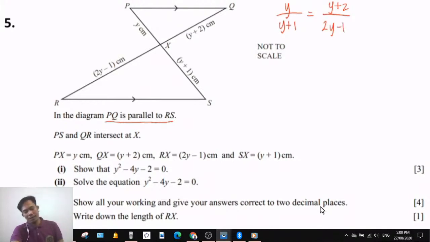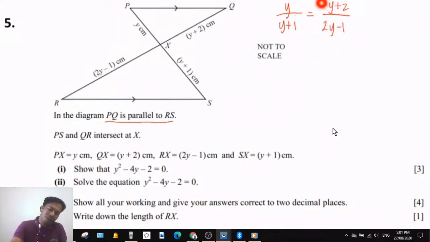If you want to know more about similar triangles, or problems like this, I will give you another lesson about similar triangles when we are already in the revision for similar triangles. Why is it equated like this?